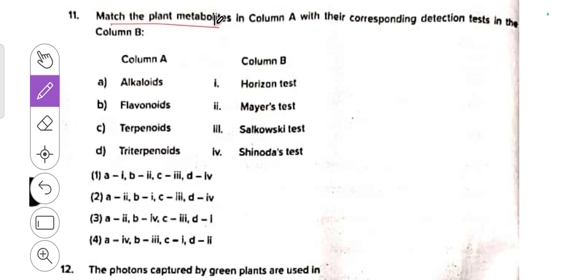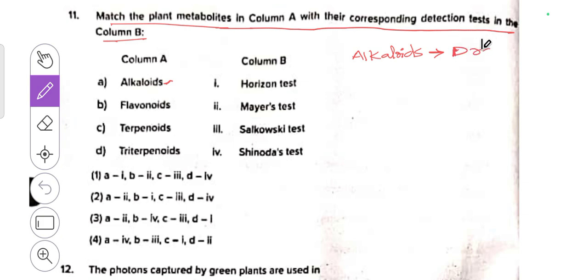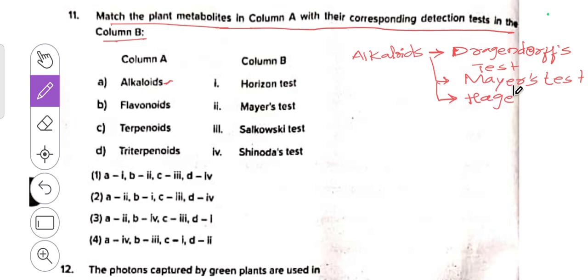Match the plant metabolites in column A with their corresponding detection tests in column B. So here alkaloids will be detected with some of the tests, like Dragendorff's test, then Mayer's test, and one more thing, that is Hager's test.